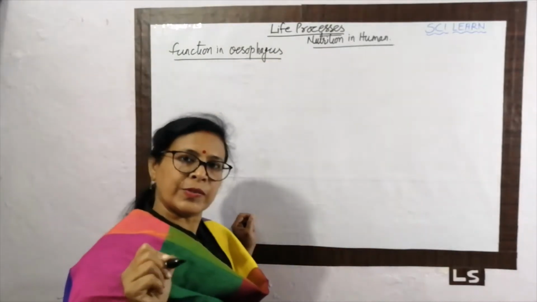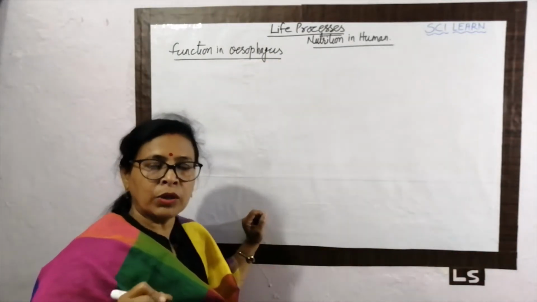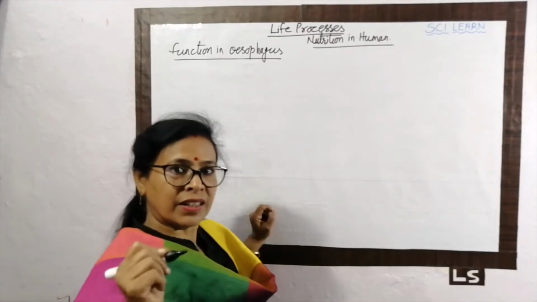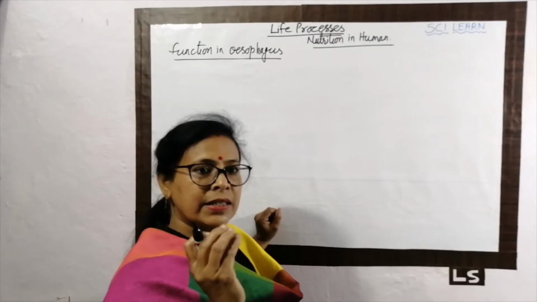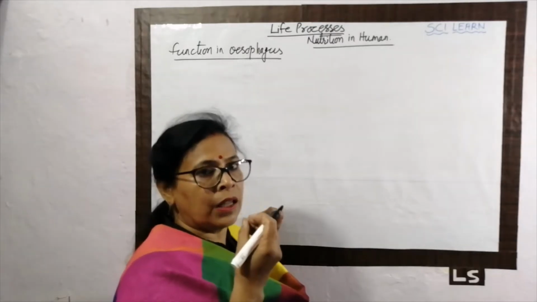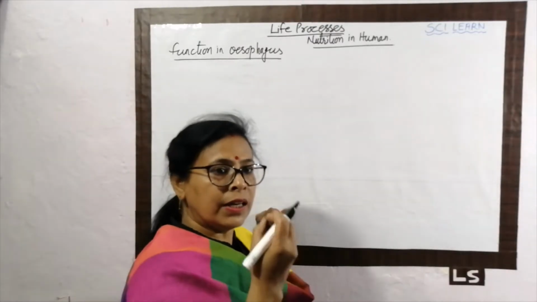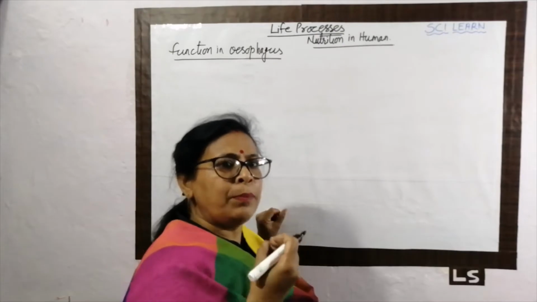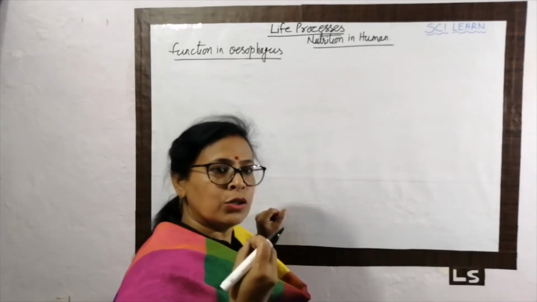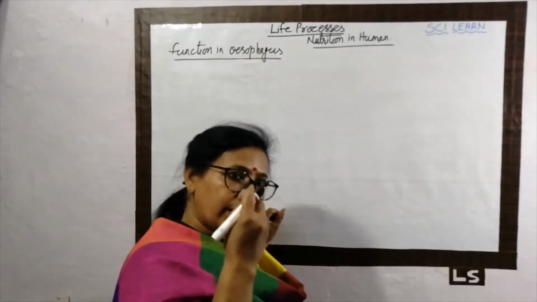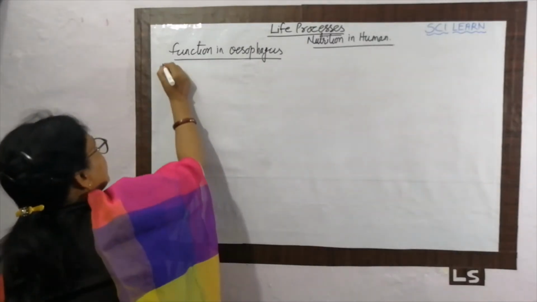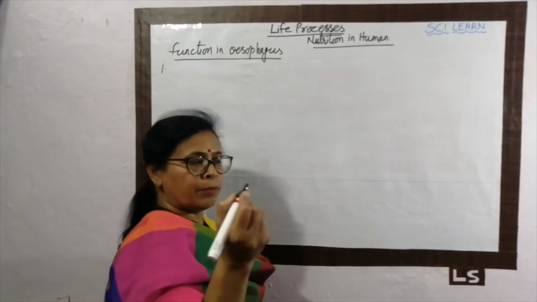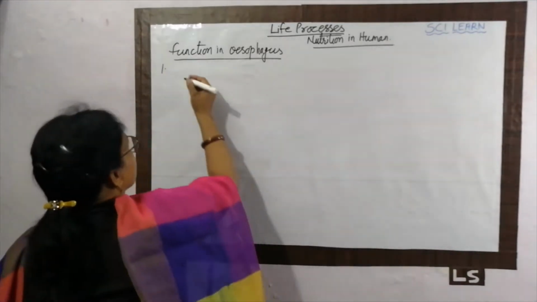What was the process going on previously? The food comes in the mouth, the teeth chew it and cut it into small pieces, saliva is mixed with the help of the tongue, and that slippery food slips down into the oesophagus. So what is the function of the oesophagus?